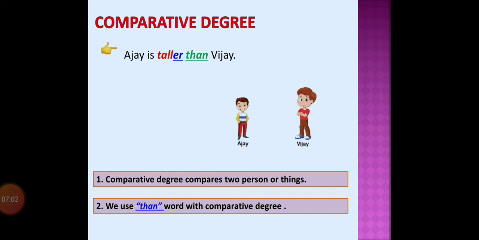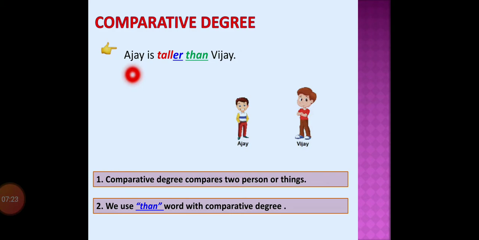When we compare these two nouns, to show which one is taller, we have to use the word than. Again, consider that instead of Ajay it is Vijay.